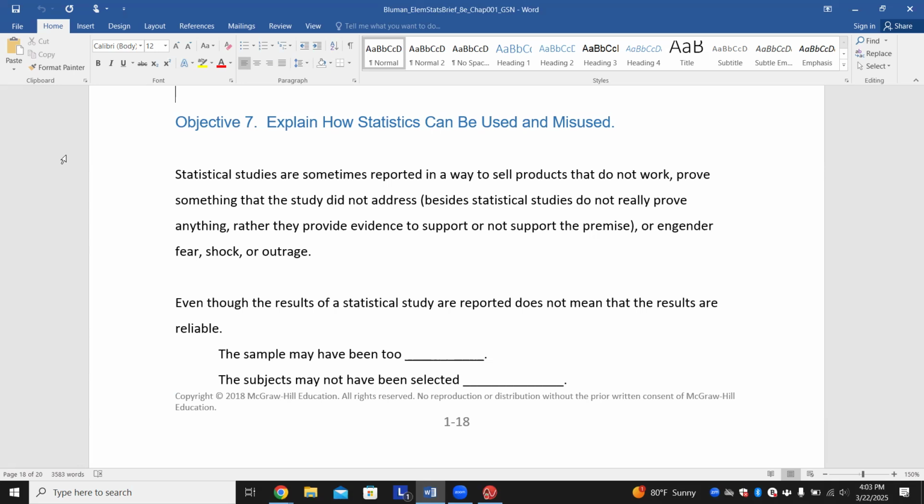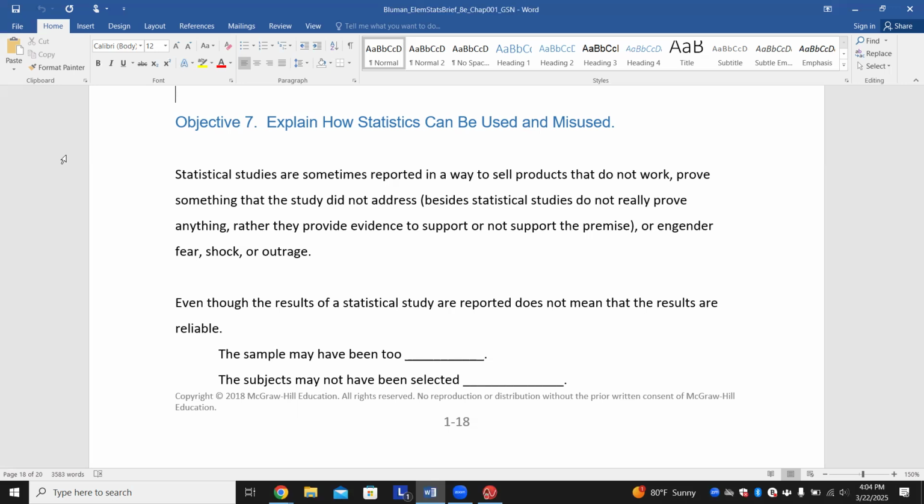Things that you see on the news are statistics, and it can really skew people where they go, oh, I better go buy all the milk at the store, or I better go buy a whole bunch of chicken eggs or chickens or whatever the concept might be. Statistics is being used to outrage or filter certain stuff to people to manipulate data down the road. So even though the results of statistical studies are reported, that does not mean the results are reliable.